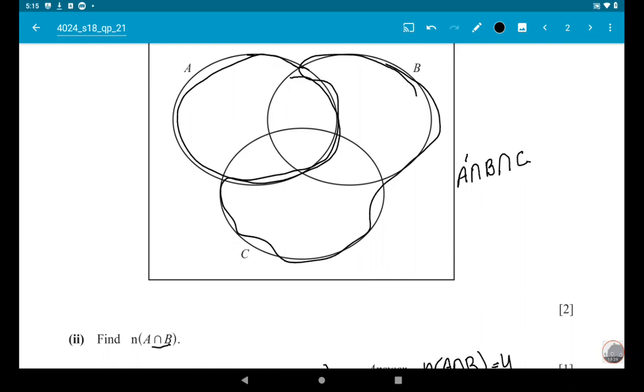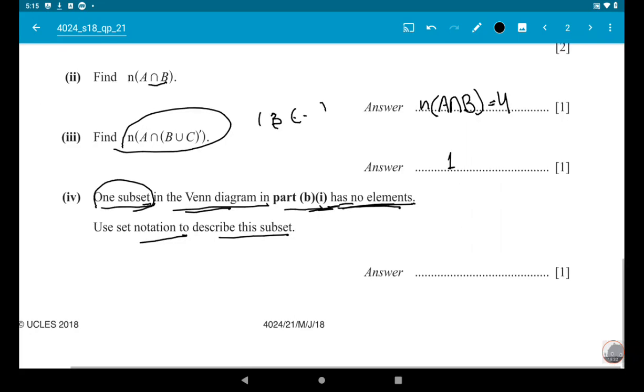So this is the required answer we will put here: A complement intersection B intersection C. Why do we put the intersection? Because he says one subset in the Venn diagram in part has no element. If he has the element, then it should be union. But if we use union, its statement is totally different in the Venn diagram.